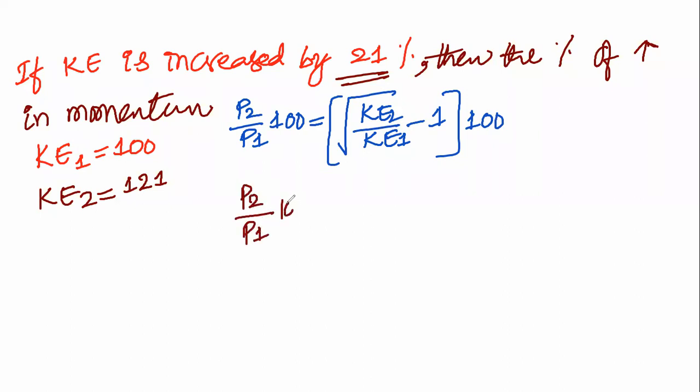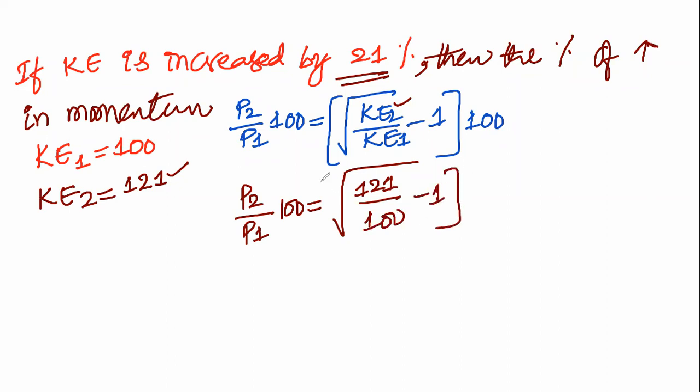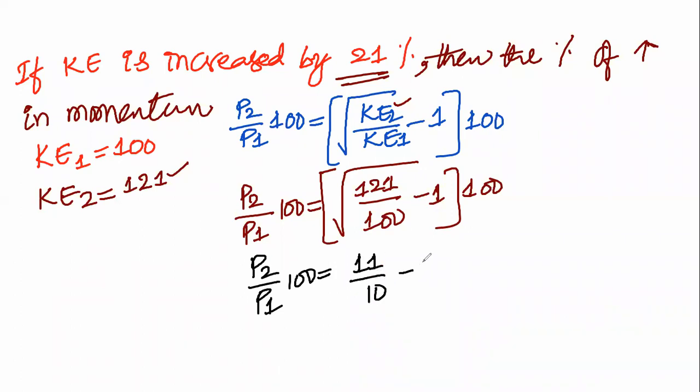P2 by P1 into 100 is equal to square root of KE2, which is 121, divided by 100, minus 1, into 100. From this, square root of 121 will be equal to 11. Square root of 100 will be equal to 10. So 11 by 10 minus 1, into 100.